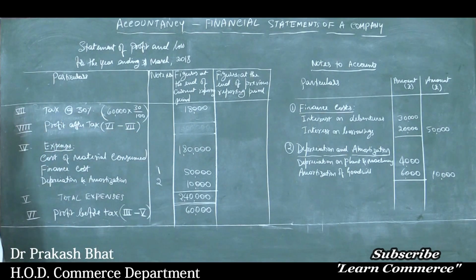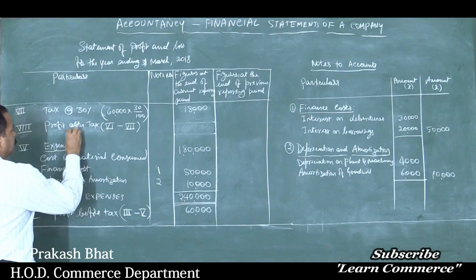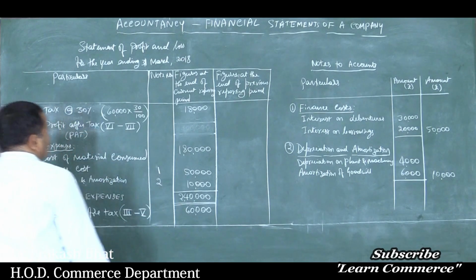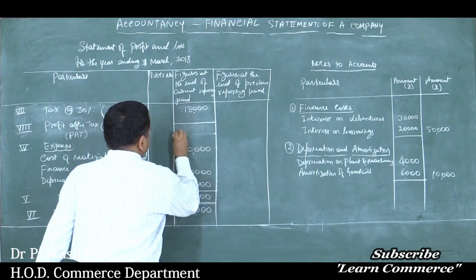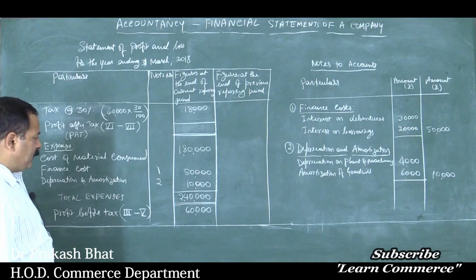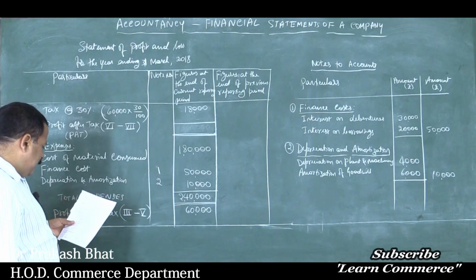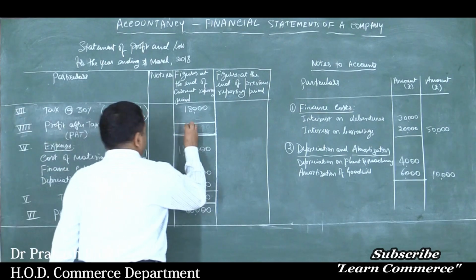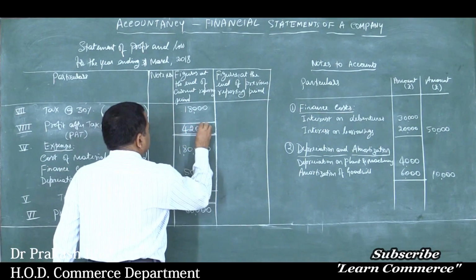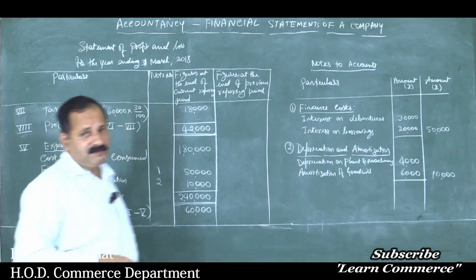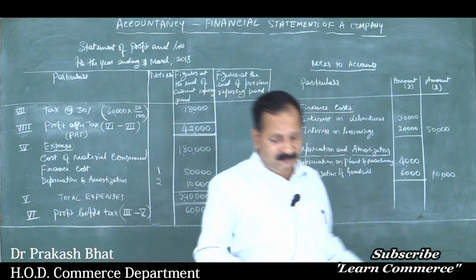This is profit after tax or PAT. How much is it? Net profit or profit after tax. 60 minus 18. How much will it be? 42,000. Correct? Yes. 42,000. Your problem is solved. It's done. That's all.